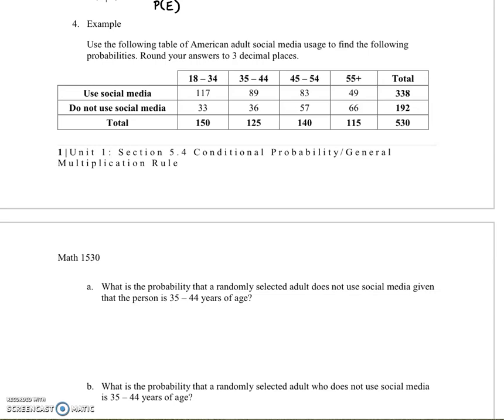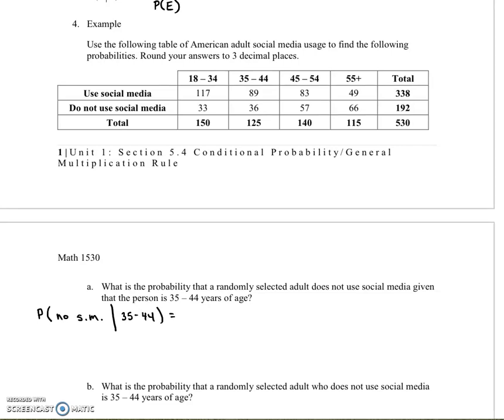What's the probability that a randomly selected adult does not use social media, given that the person is 35 to 44 years of age? So we have the probability of no, I'm going to use SM for social media, given the person is 35 to 44.